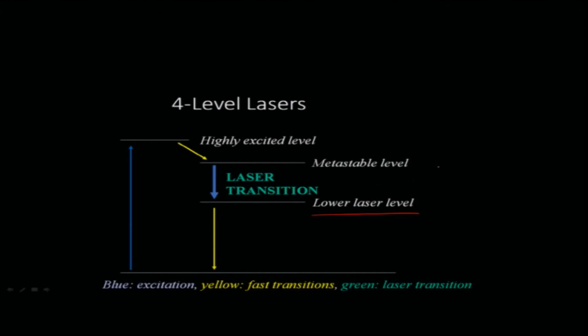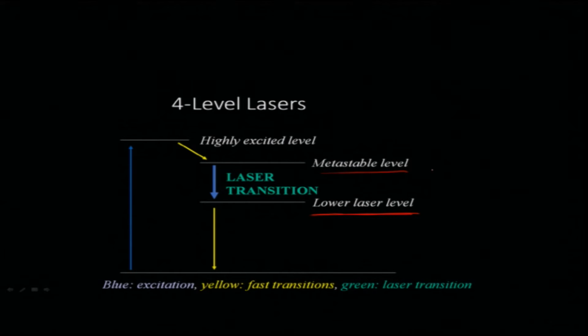And this is in some sense a much easier way of producing an inversion, because the lower level state, with respect to which the metastable state is being populated, can easily achieve the inversion process, because it could be a situation where neither of them had enough population to start with, and so bringing in the population through the highly excited state to the metastable state can quickly achieve population inversion.